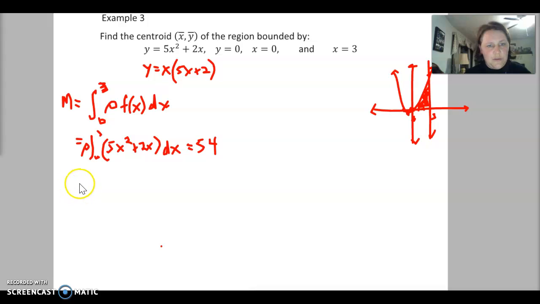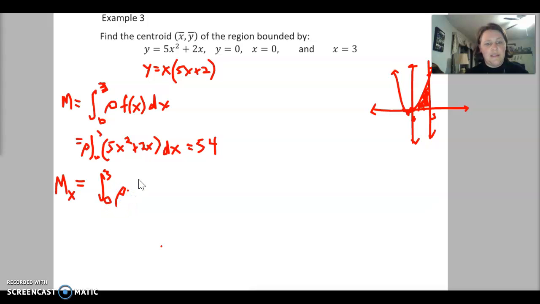Alright, next one. So now we want to find what our moment with respect to x is. So now our moment with respect to x is going to be the integral from 0 to 3 of our mass, sorry, our mass times the position.